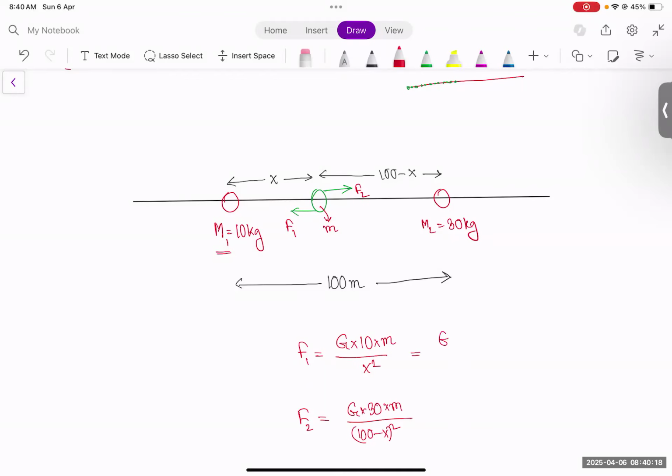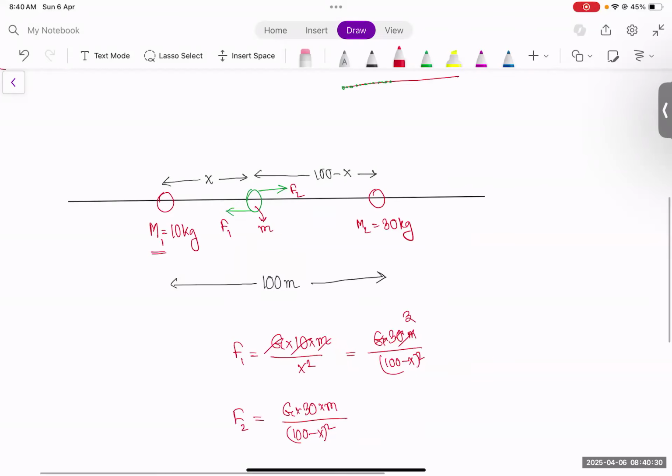So we set this equal to this. m, m, G, G cancel out. You have a 3. So ultimately, what you get is (100 minus x) whole squared is equal to 3x squared.